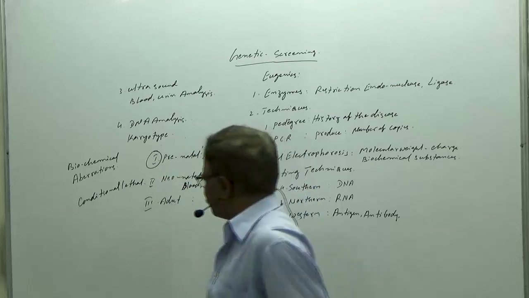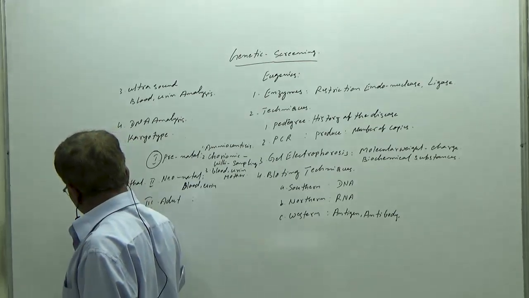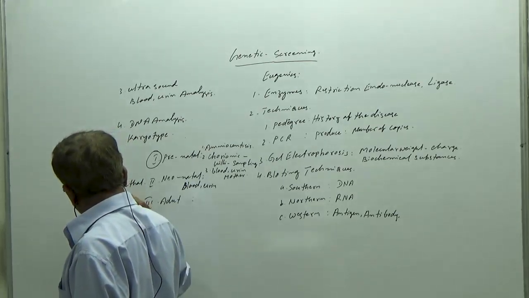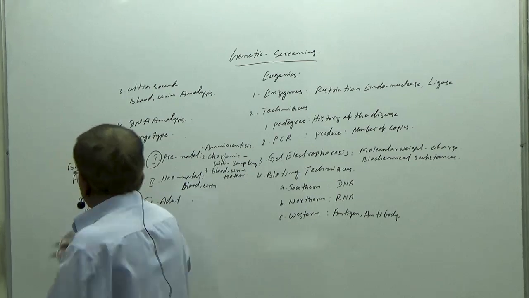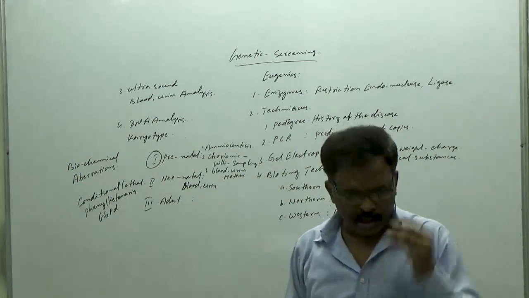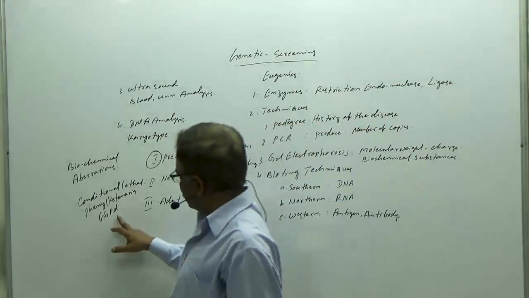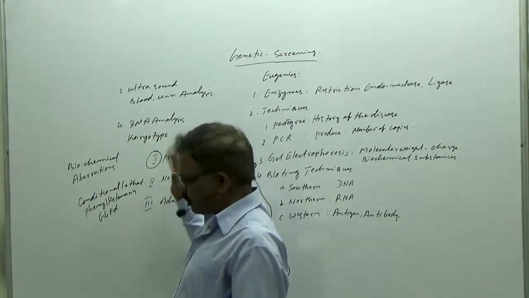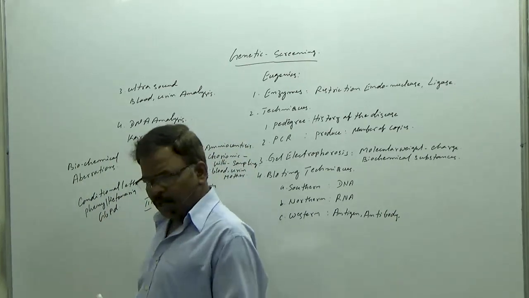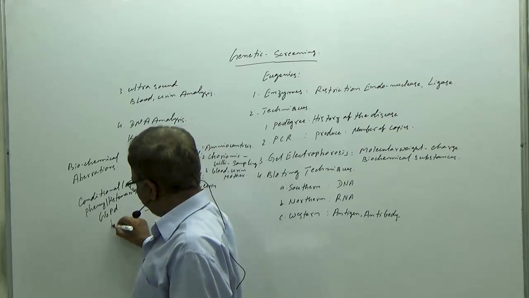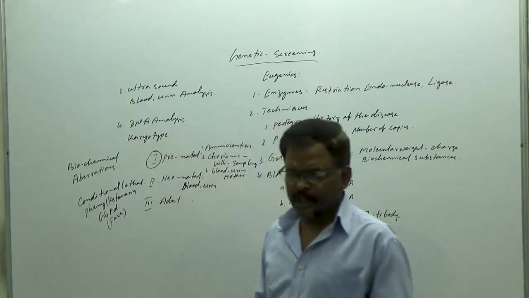At the same time, G6PD, glucose 6-phosphate dehydrogenase deficiency, is also a conditional lethal. Even though this deficiency gene is there, the individual survives normally. But if they consume fava beans, then only that leads to death, favism.